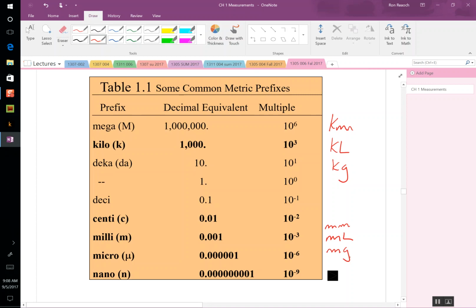Where do you come across that unit? In medications, supplements. You take a vitamin C tablet, it's 500 milligrams of vitamin C, or 100 milligrams, or 50 milligrams. So you come into contact with these units. A lot of times, it's in milligrams.